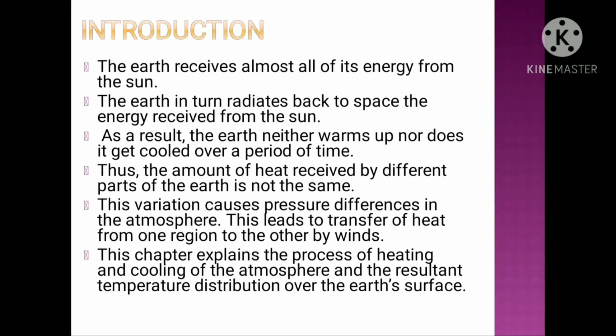Introduction to this chapter. As we all know, the earth receives almost all of its energy from the sun. The earth in turn radiates back to space the energy received from the sun. As a result, the earth neither warms up nor does it cool over a period of time.